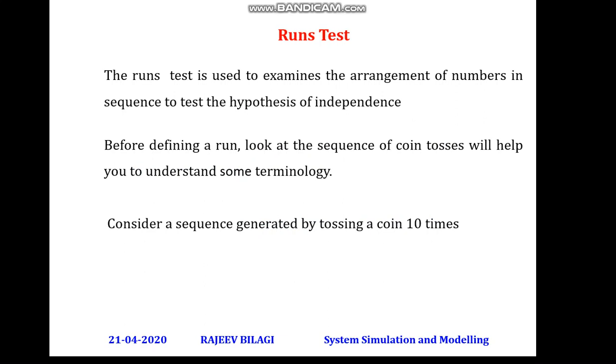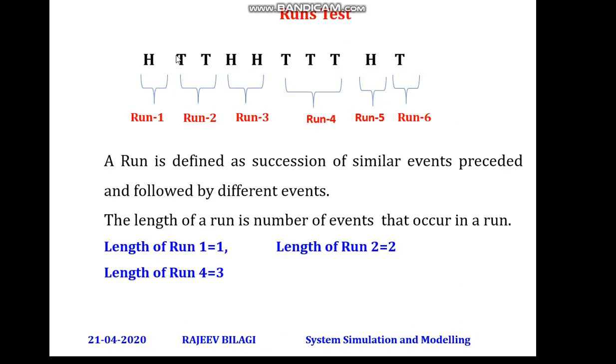Before I define a run in a proper manner, I'll give one example which will help you understand some of the terminologies. Consider a coin tossed 10 times. The possible results: head, tail, tail, head, head, tail, tail, tail, head, tail.